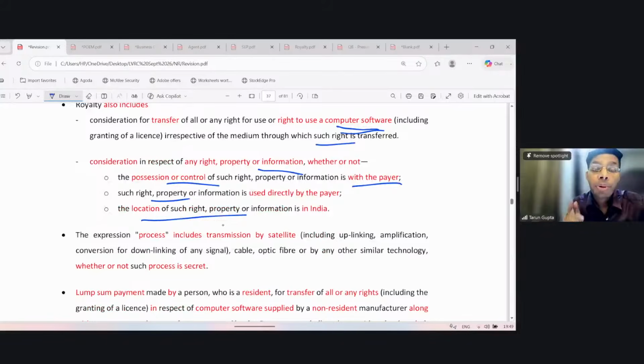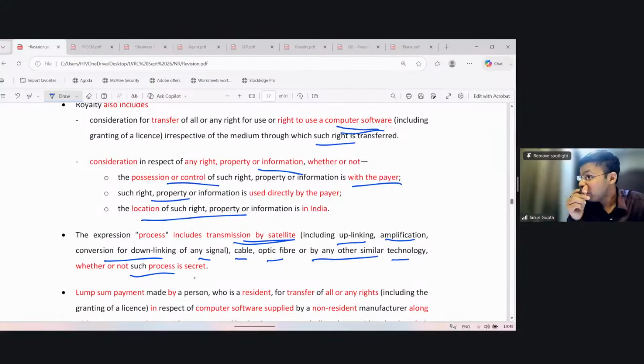And the expression process includes transmission by satellite, including uplinking, amplification, conversion for downlinking of any signal, or transmission by cable, optic fiber, or any other similar technology, whether or not such process is secret.